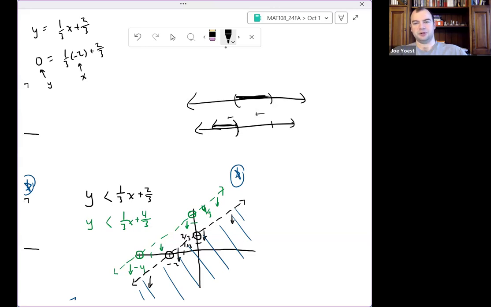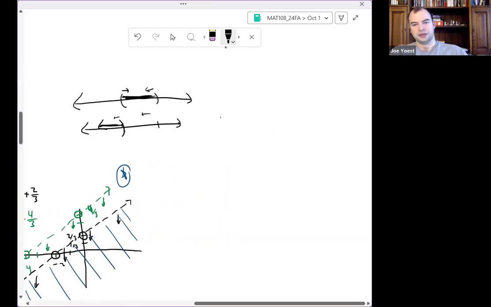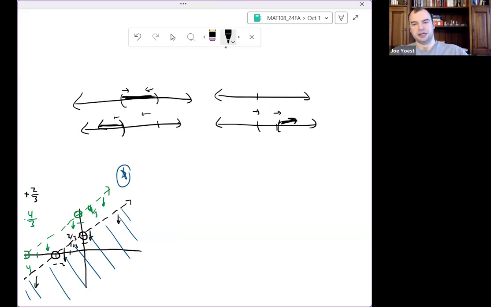If I want to be to the right of one and to the left of the other, I'd get that. If I want to be to the right of both of these numbers, I would get something like that. And then my last case, if I want to be to the left of the left number and to the right of the right number, no solution.